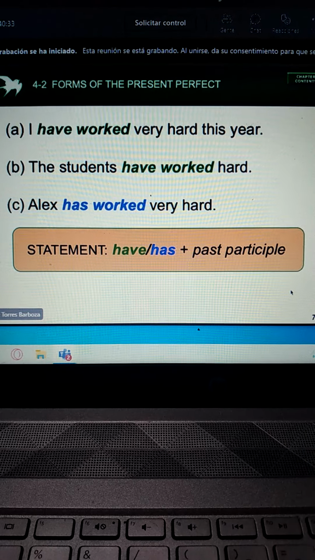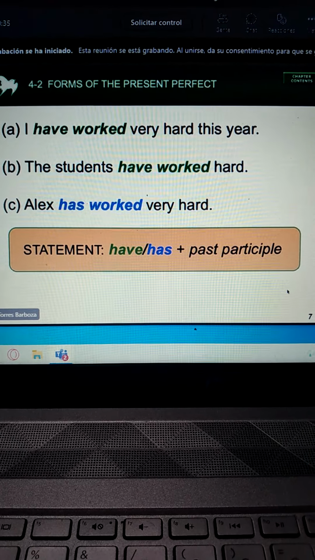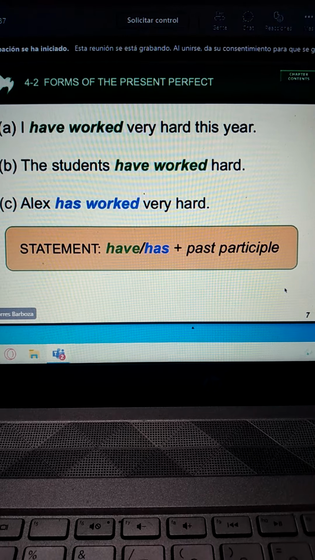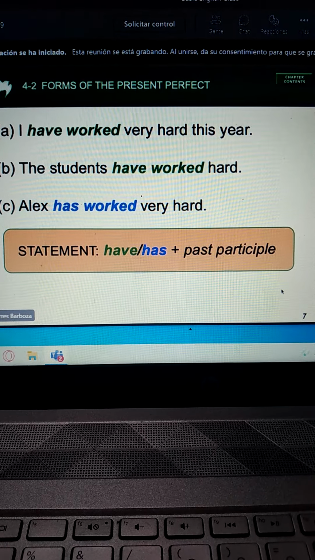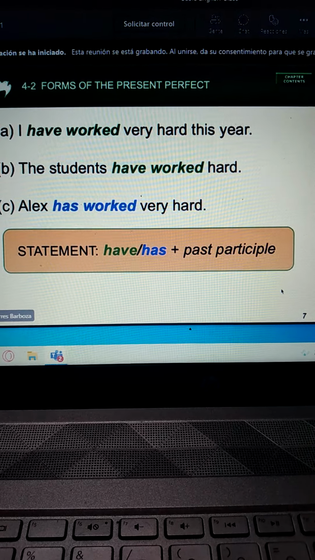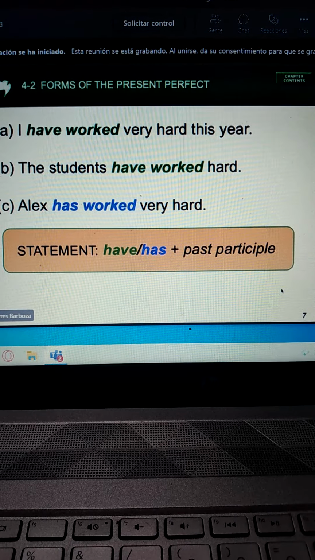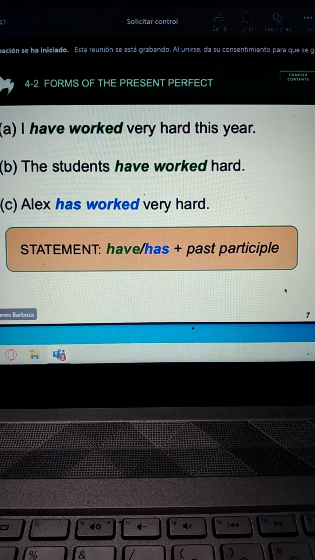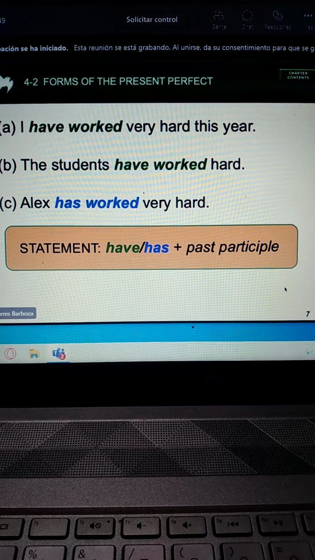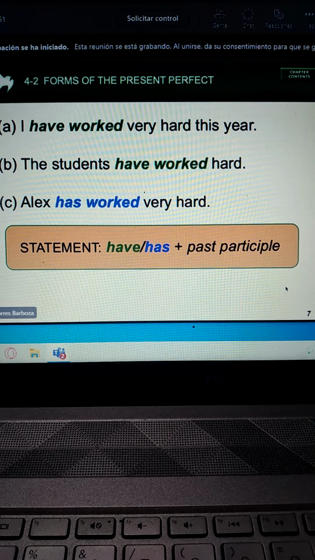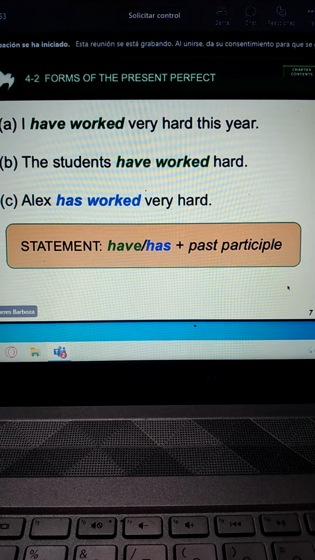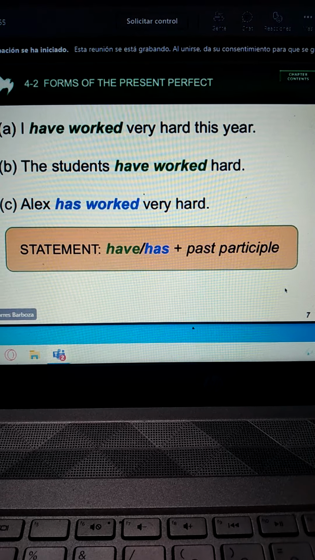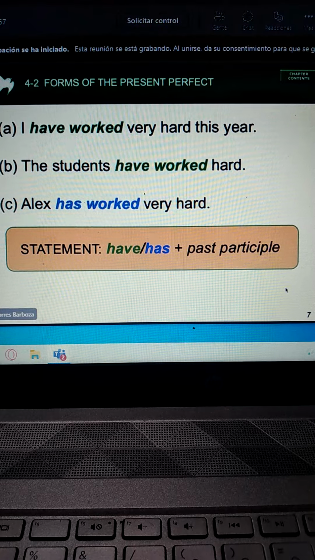And that's how we make the statements. How do we make the statements? Remember the two groups. Group number one: I, you, we, and they. Group number two: he, she, and it. So, for group number one, I, you, we, and they, we use have plus past participle. That's the formula.